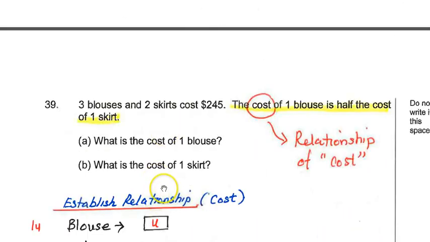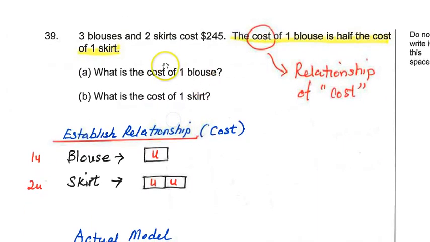Okay, next. 3 blouses and 2 skirts cost $245. Now watch out for this part, it is very important. It tells the relationship between 1 blouse and 1 skirt. The cost of 1 blouse is half the cost of 1 skirt.